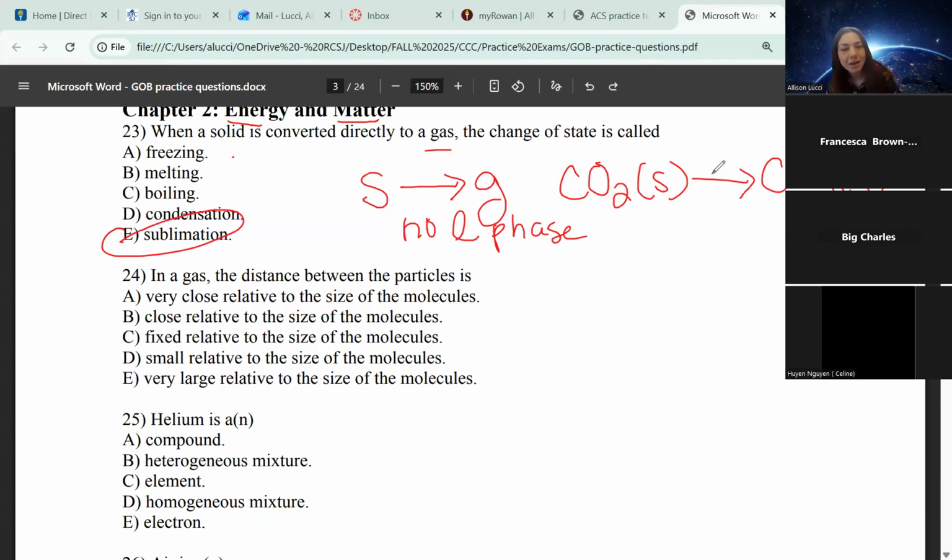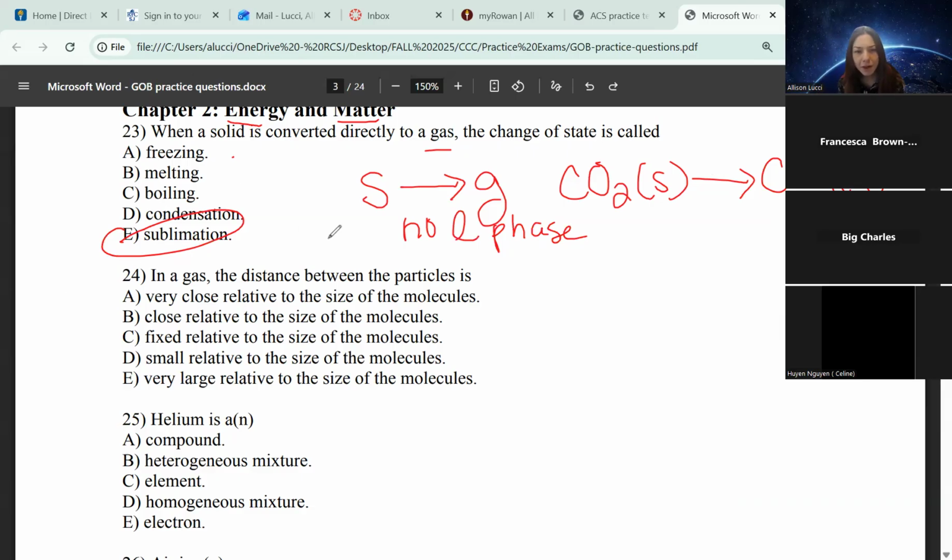If we do the opposite, if we go directly from gas to solid, like water vapor on a very cold night can turn into ice crystals on a blade of grass, that would be deposition. So I would know the 6 main phase changes: solid to liquid, solid to gas, gas to liquid, gas to solid, liquid to gas, all those in between. So that was 23, answer choice E.